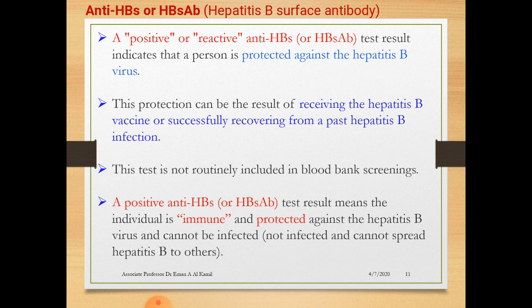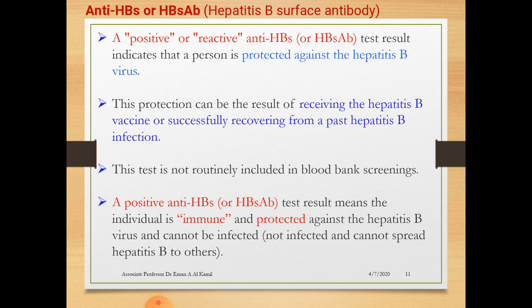This protection can result from receiving hepatitis B vaccine or from successfully recovering from a past hepatitis B infection. Most of us have had the hepatitis B vaccine, and if you have this vaccine, you will develop the anti-hepatitis B surface antibody.